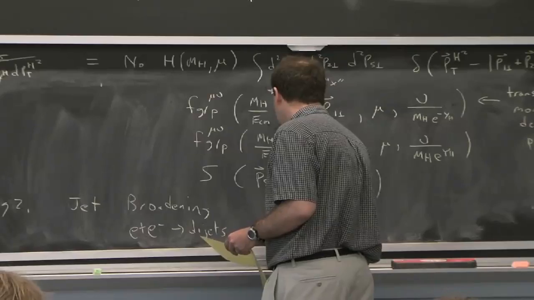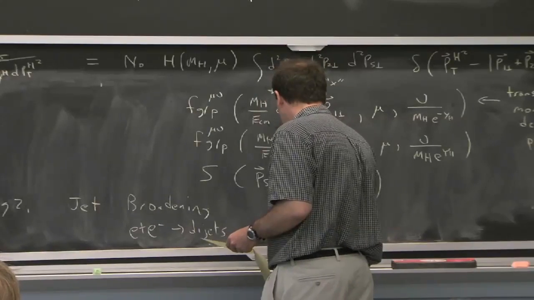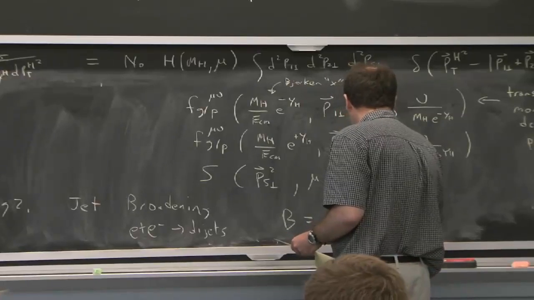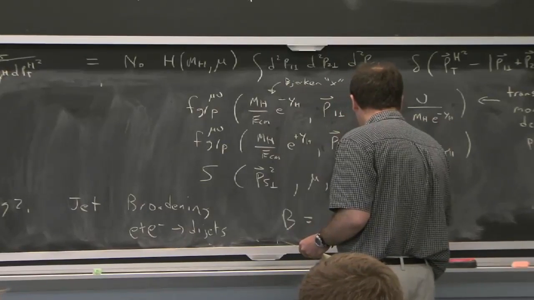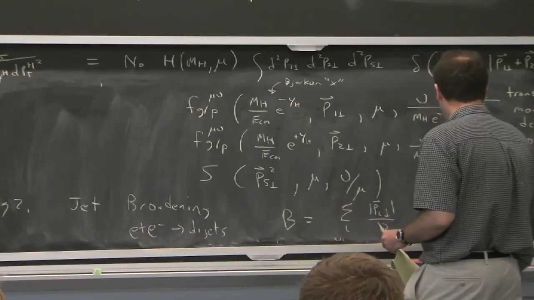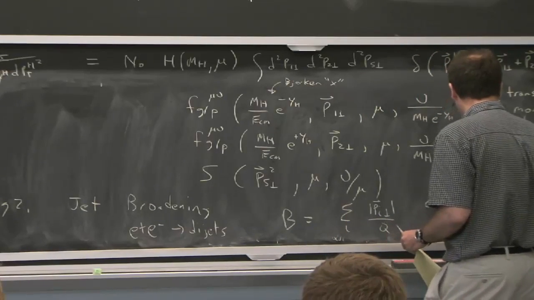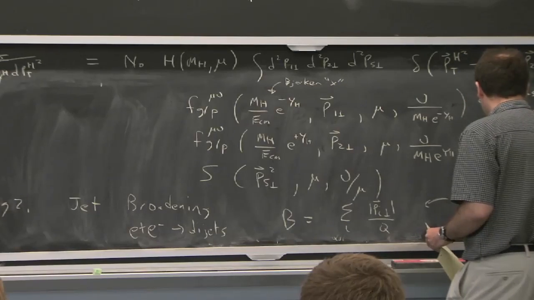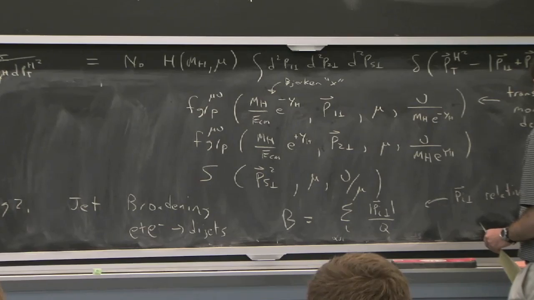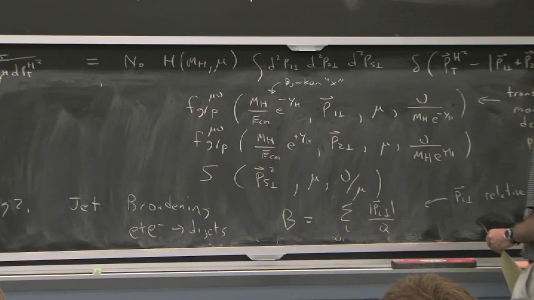So jet broadening is a variable B for broadening, where it's like an event shape like thrust, but you only measure perpendicular momentum. And what you measure are actually perpendicular to the thrust axis. So you still use thrust to get the axis for the jet, but then you don't measure anything like the minus or plus momentum. You just measure P_Ts. This would be another example, which is SCET2.